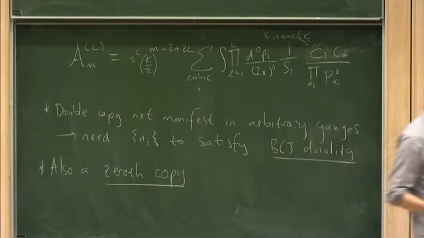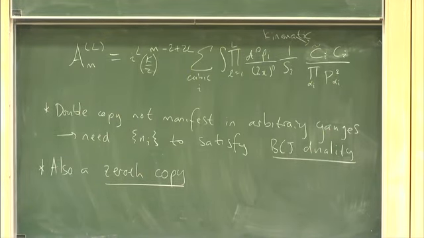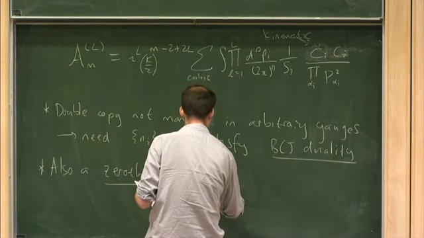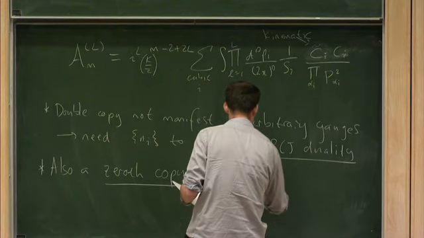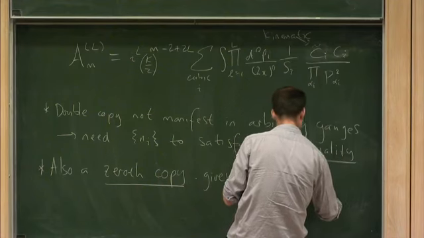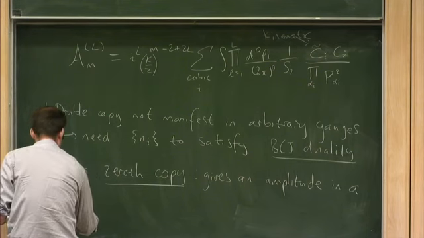And that's called the zeroth copy, because it's kind of the opposite of doing the double copy. And this gives us an amplitude in what's called a biadjoint scalar theory.